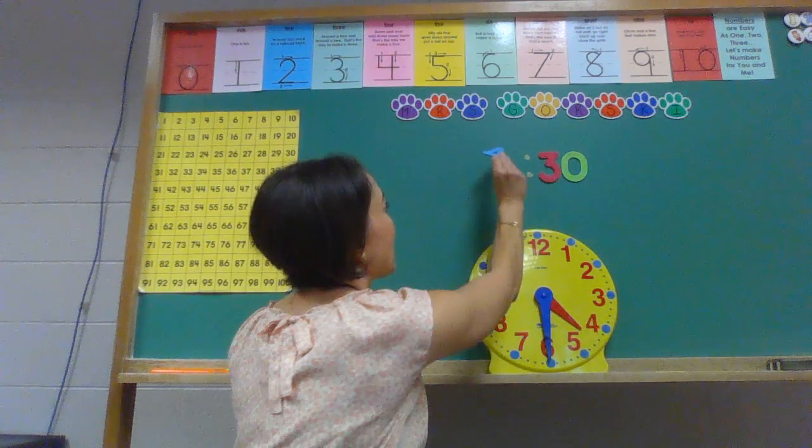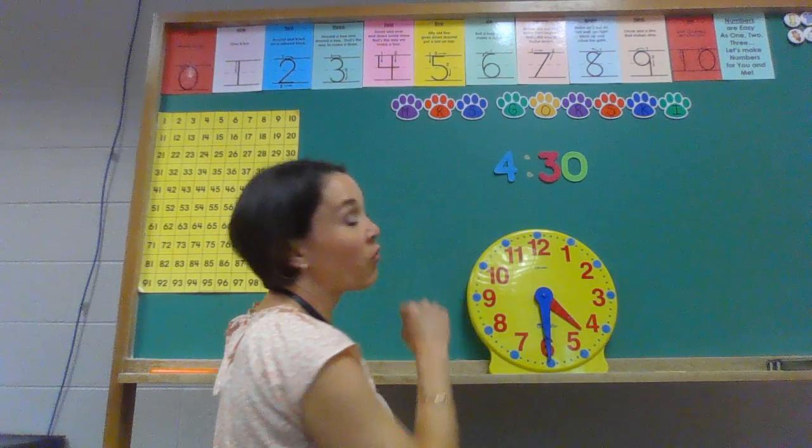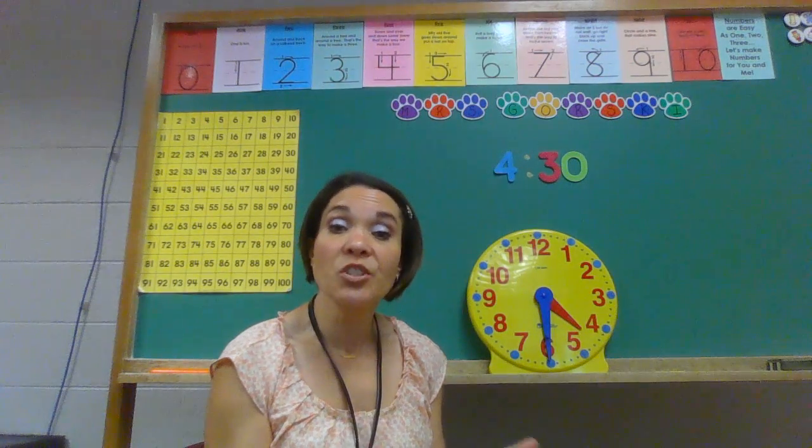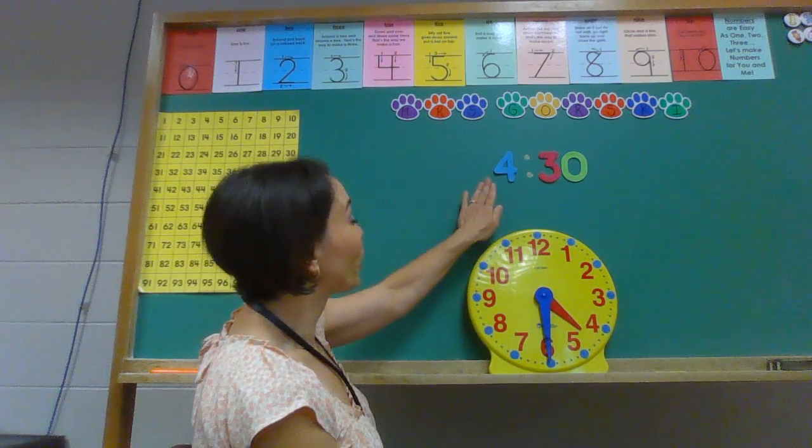So this would be 4:30. We could also say half past 4. That's another more grown-up way that we're going to learn in second grade to say times. So let's see if we could do another time.